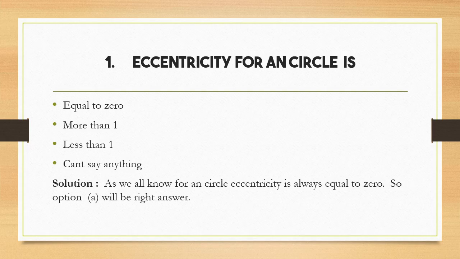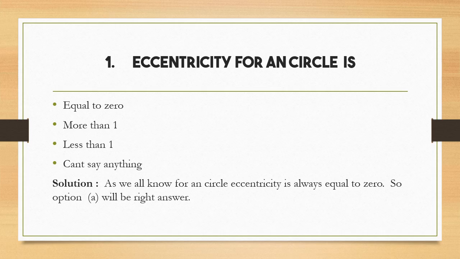Since we expect the answer of eccentricity for a circle, it is obviously 0, because eccentricity always gives how uncircular the curve is, but a circle is always circular only. Therefore, I can say option A will be the right answer. So for this first question, equal to 0 is the answer for the eccentricity of a circle.